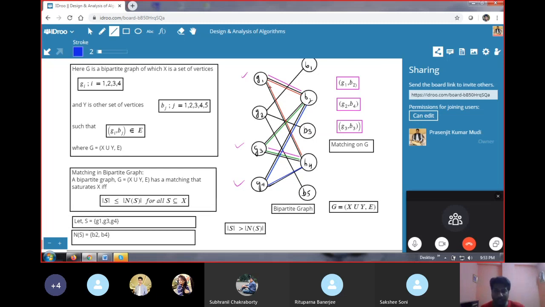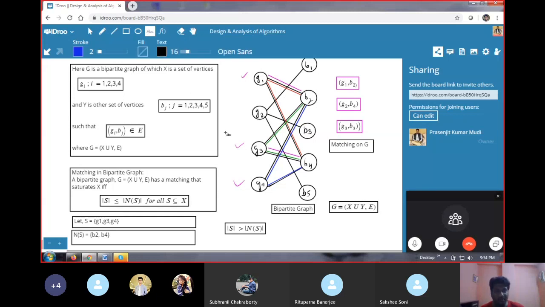So girl G1 has options B2 B4, G3 has B2 B4, and G4 has B2 B4. So all of them have options B2 and B4. That means two boys are available, B2 and B4, to be matched with any two girls among three girls.